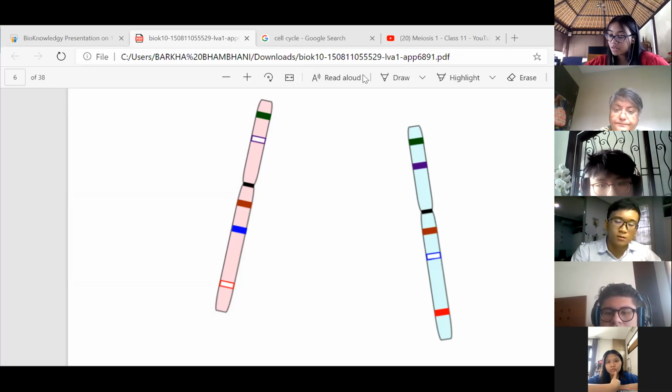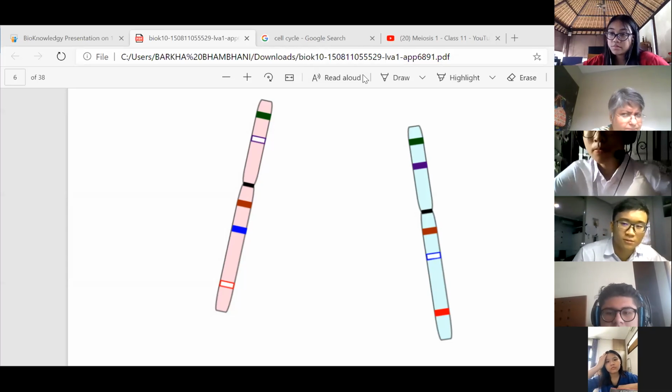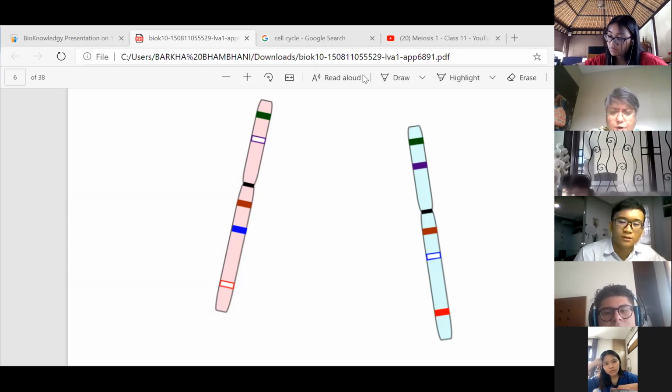Is it, it has 46 pairs of chromosomes? You can say that a set of chromosomes which has got one maternal and one paternal chromosome.